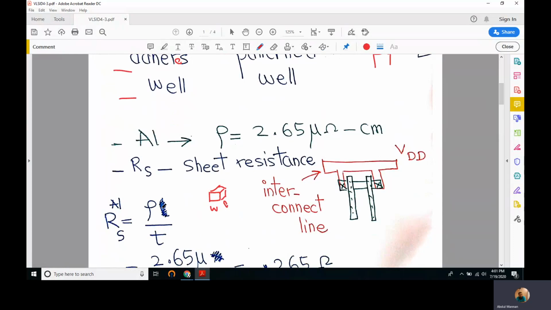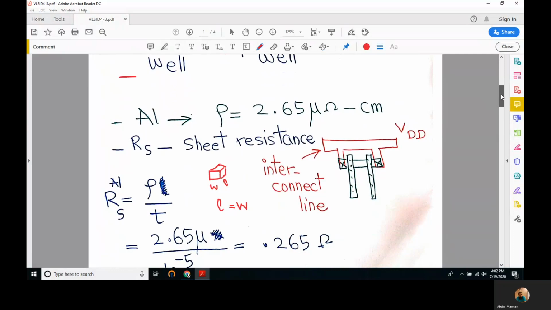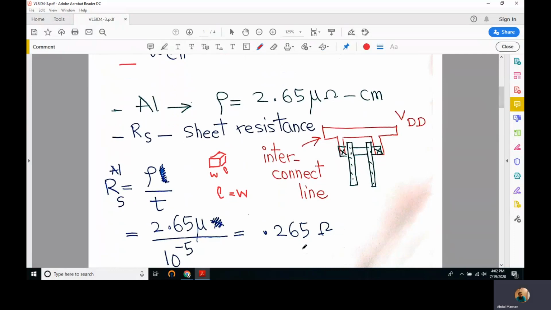So this L cancels with the width, because the length and the width are equal, L is equal to W. So they cancel each other, and we are left with rho over T. So sheet resistance is the resistance of a cube having length equal to width. So RS is 0.265 ohm. It's quite small for aluminium, and this is the interconnect line.